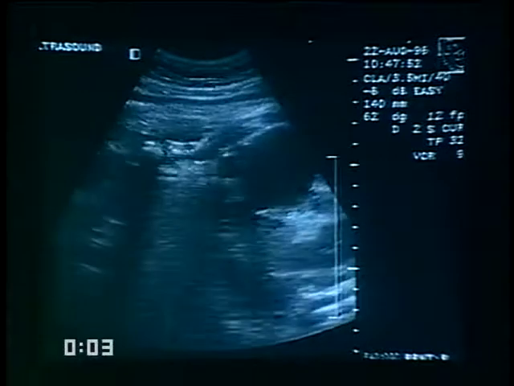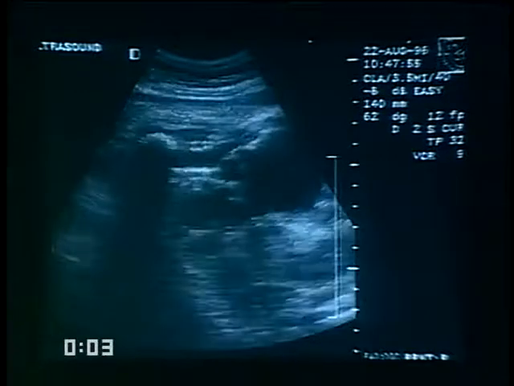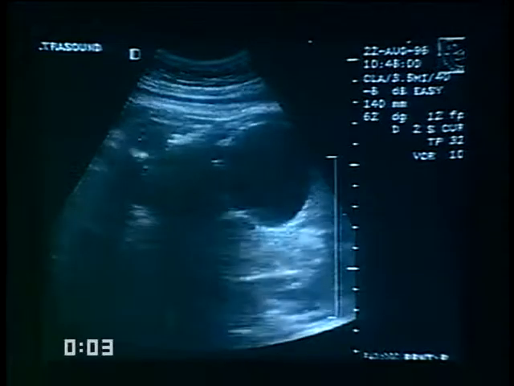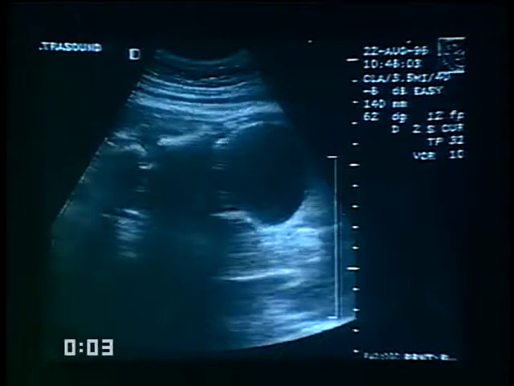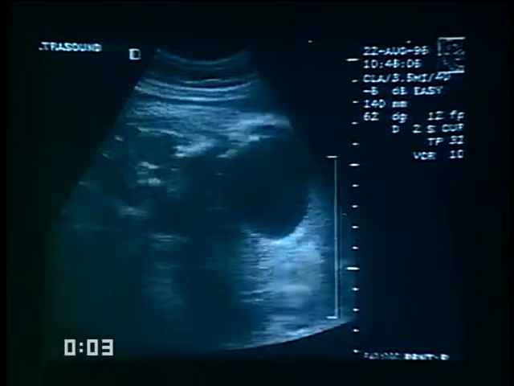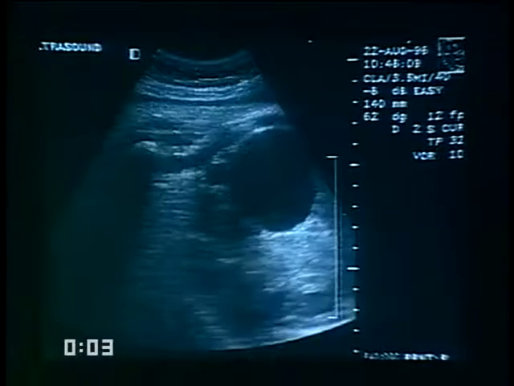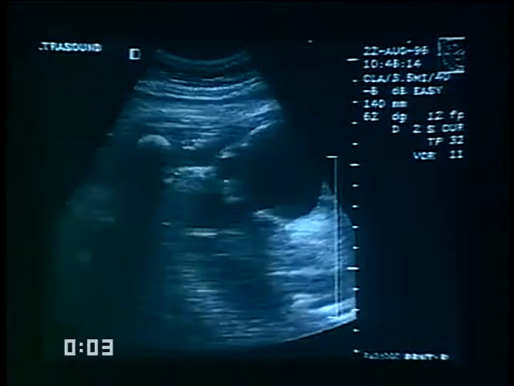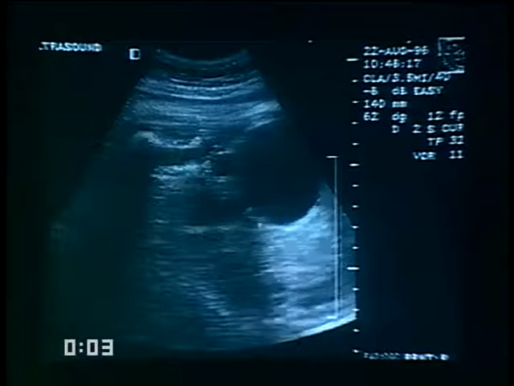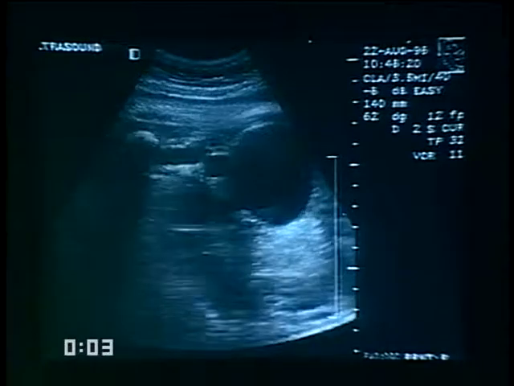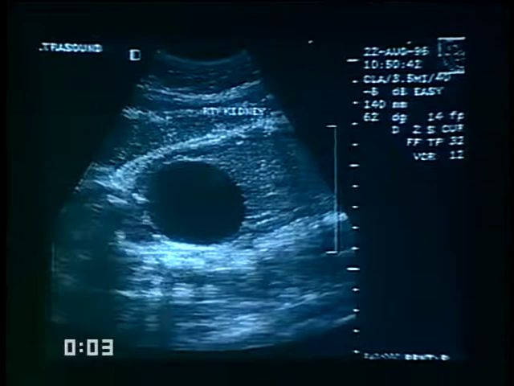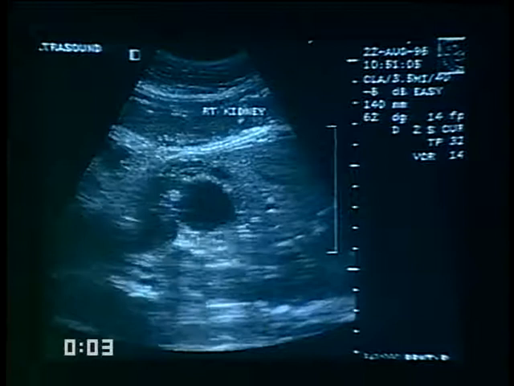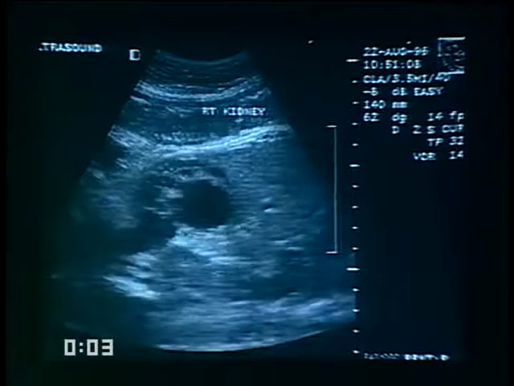So we don't think this big cystic mass is the bladder. So we think it's part of the right kidney.